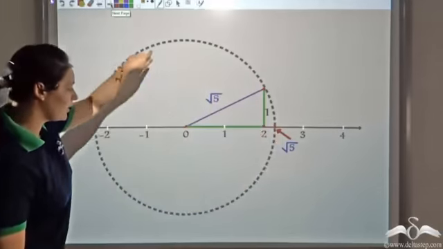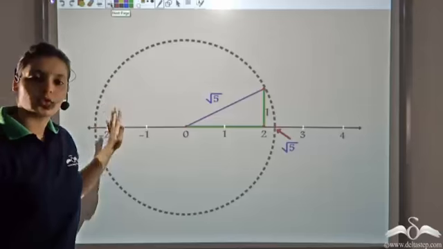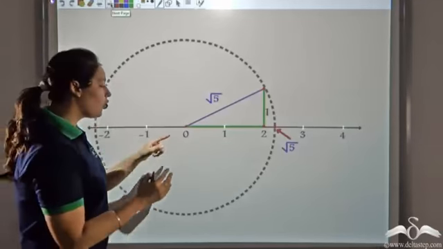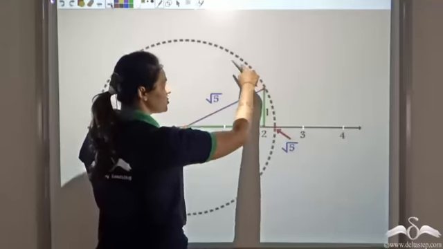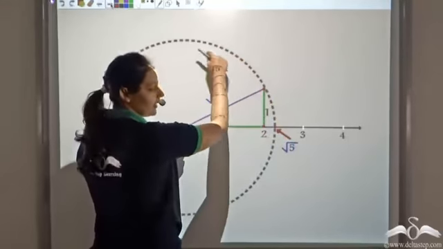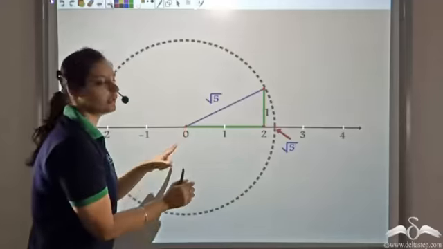Now you can see that drawing this circle takes a whole lot of space. So instead of drawing this circle every time, all you can do is, with this as center and this as radius, just draw a part of this circle, an arc, which cuts the number line at a point.